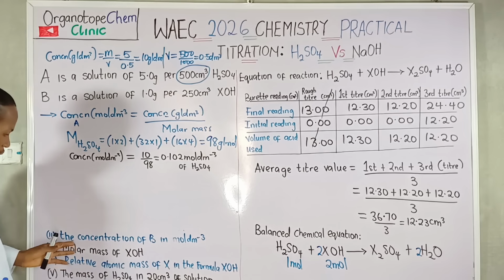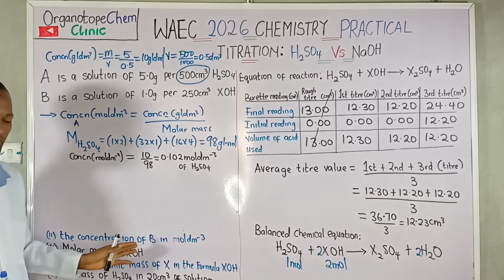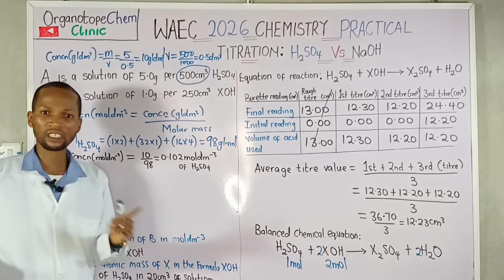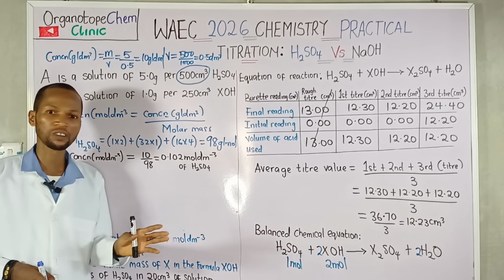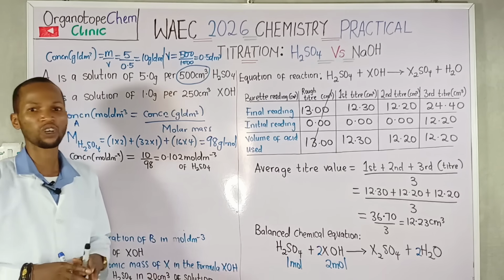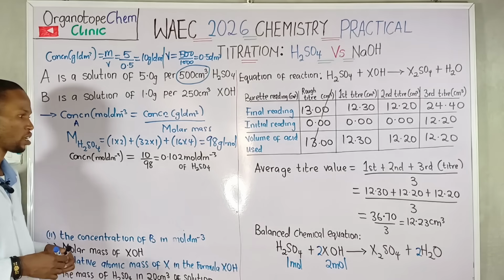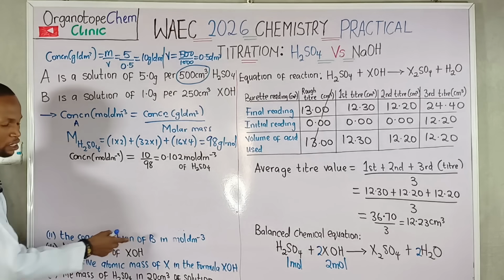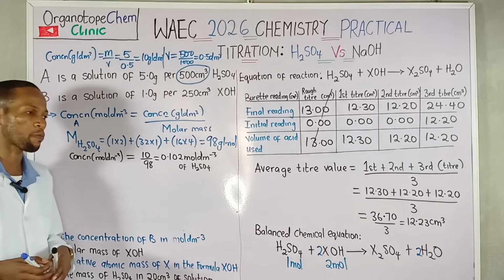Alright, can we determine the concentration of B in mole per dm cube? Since the concentration of the acid is known, the acid is considered the standard solution, that is, a solution of known concentration. So we can now determine the concentration of B in mole per dm cube.